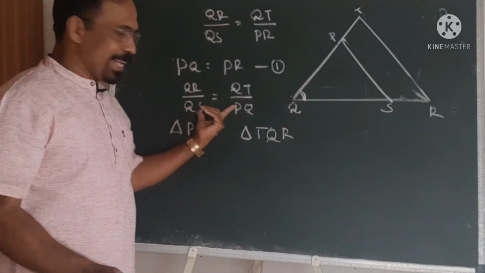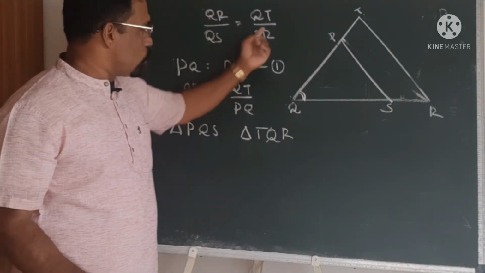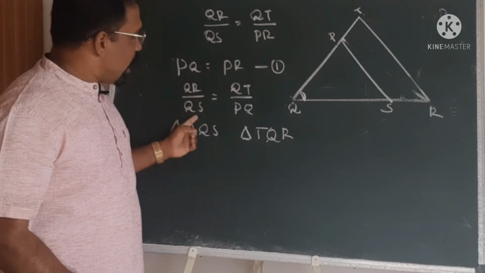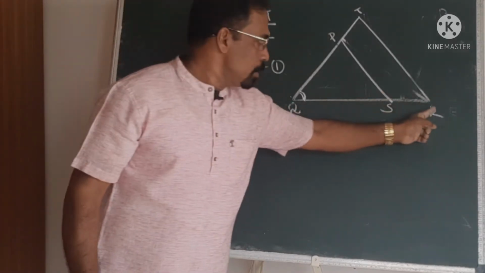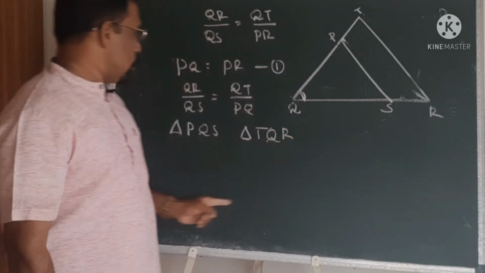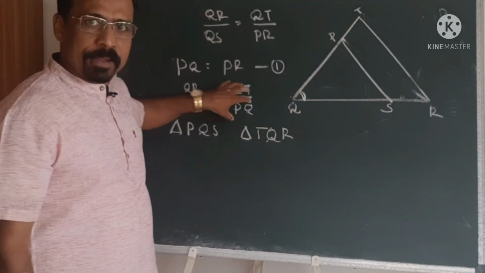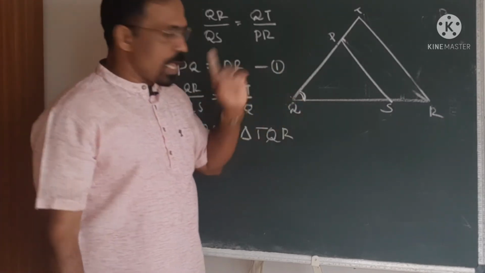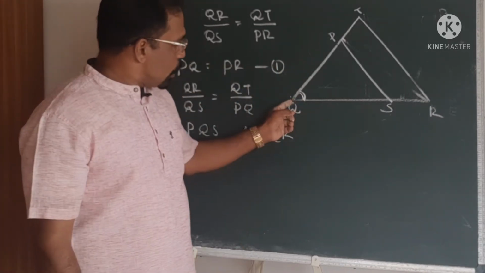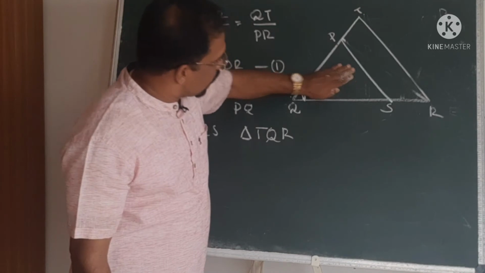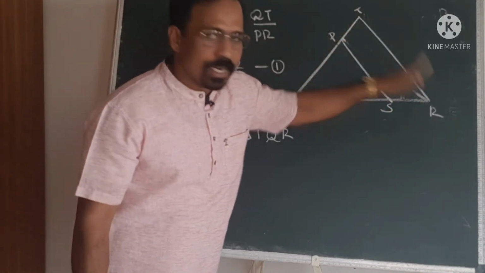Now we derived this because PQ is equal to PR. So QR by QS is equal to QT by QP. This is what we derived. Now you see this angle Q. Angle Q is common to this triangle and the bigger triangle.